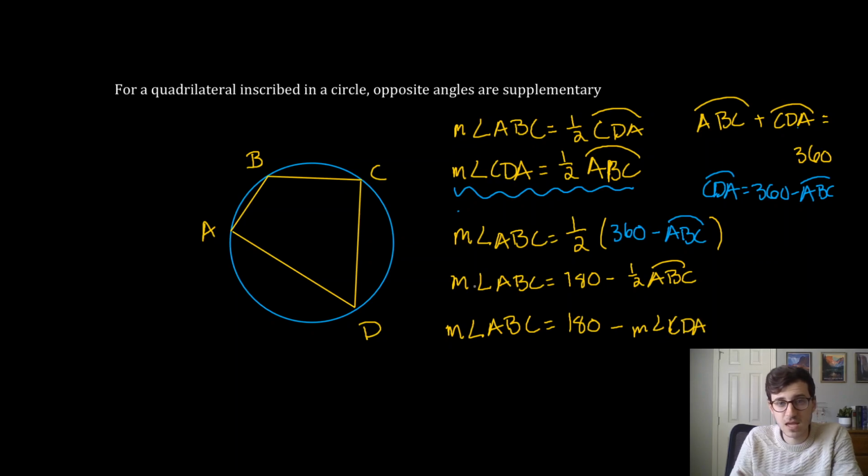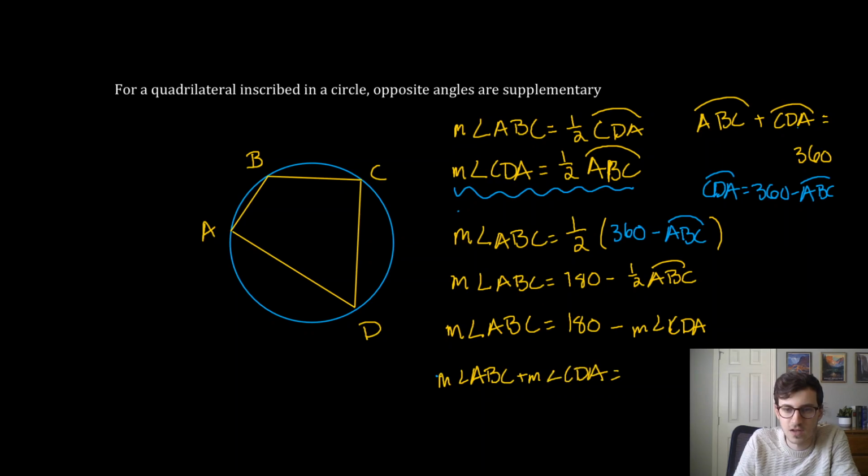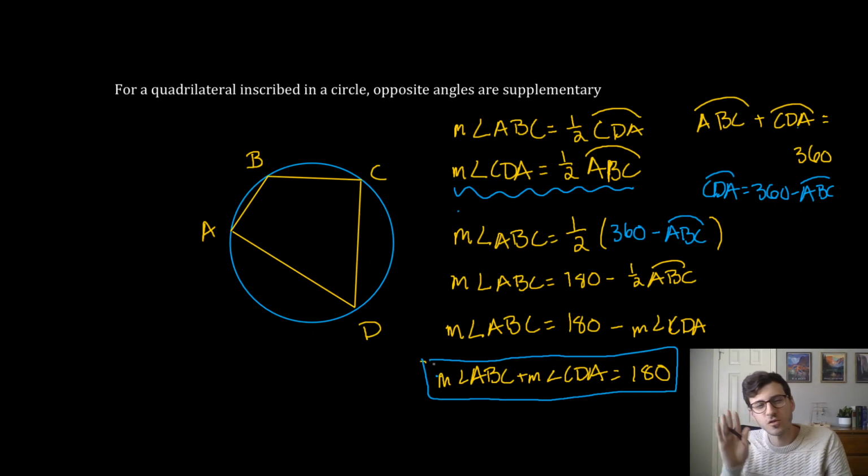And then to make it so that they're supplementary, right? That would be that the measure of ABC plus the measure of angle CDA is equal to 180. Boom, baby. That feels good. Could have done a little bit better with my colors, I'm sorry. But I think that works, right?